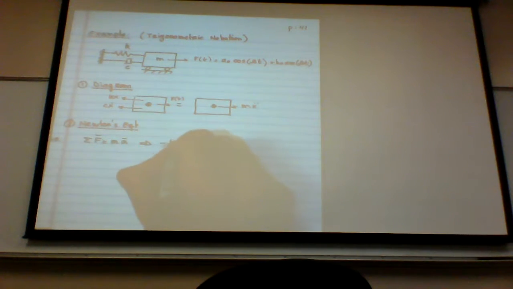It gives us minus kx minus c x dot plus f of t equal to m x double dot, which gives us m x double dot plus c x dot plus kx equal to f of t.